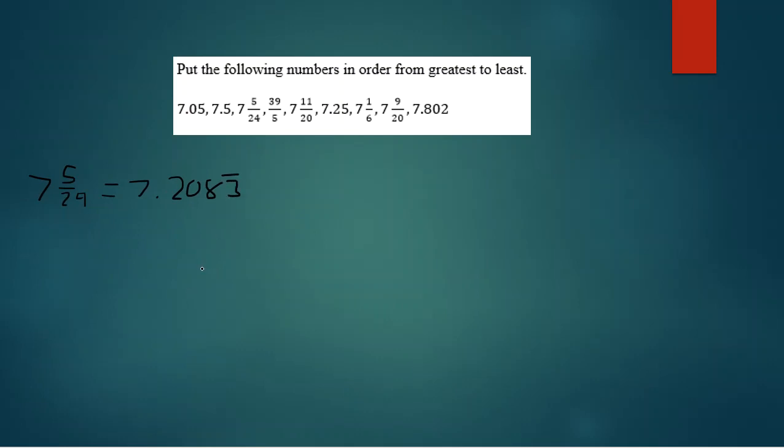Okay. The next one, 39/5. If we change that to a decimal, we get 7.8. Okay. And then the next one, the fraction 7 and 11/20. So 7 and 11/20 as a decimal would be 7.55.